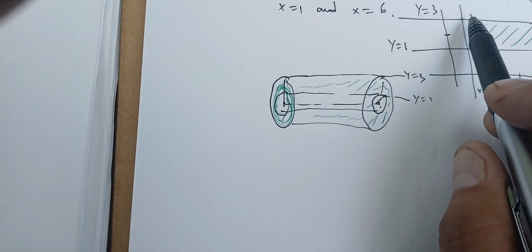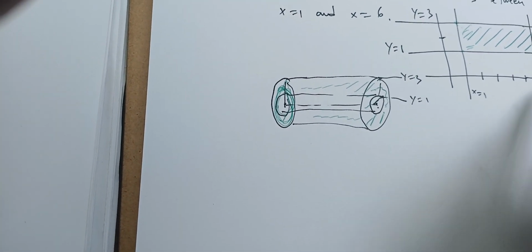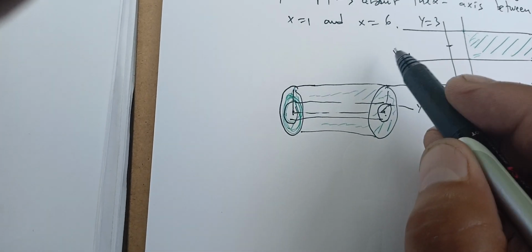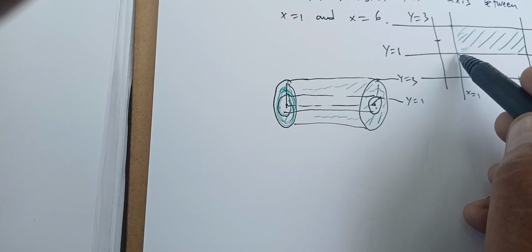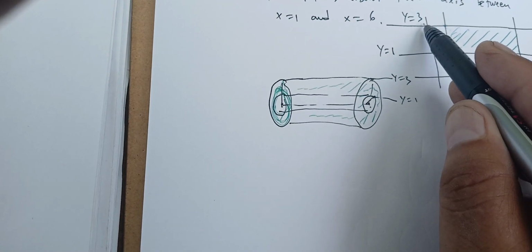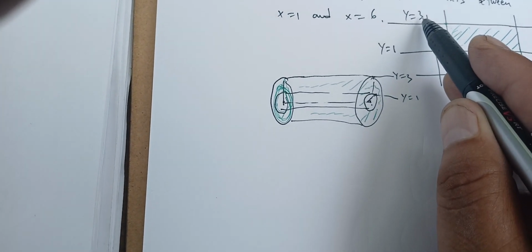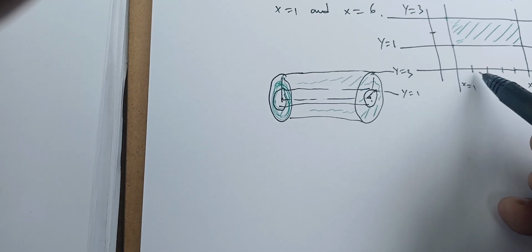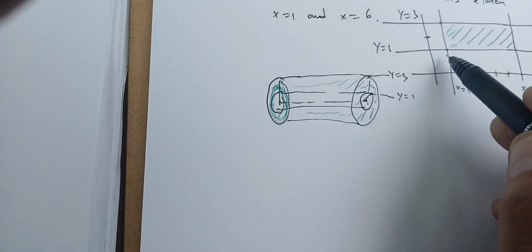The height here is 6 minus 1, which is 5, and the radius is 3. So for the bigger one, it's going to be pi times 9 times 5, minus the smaller one, which is 5 times 1 times pi.